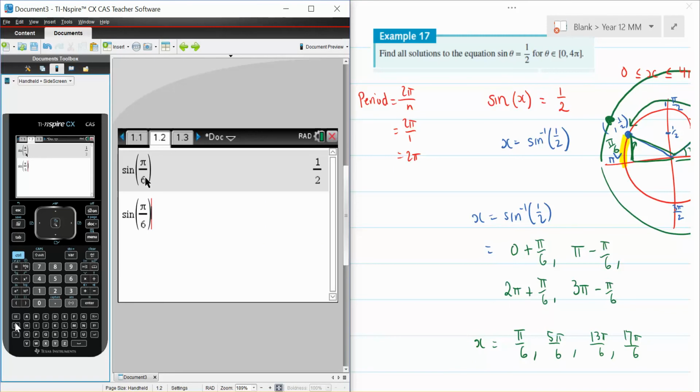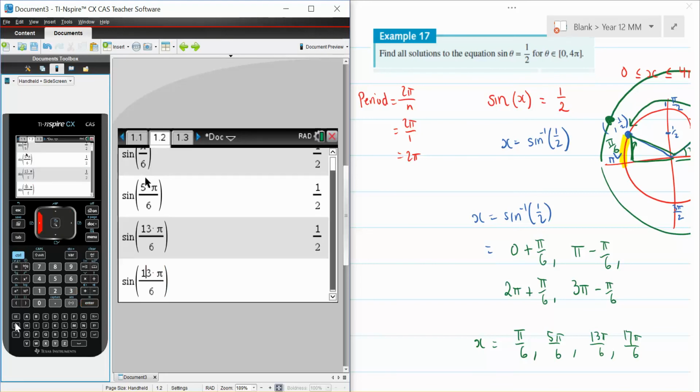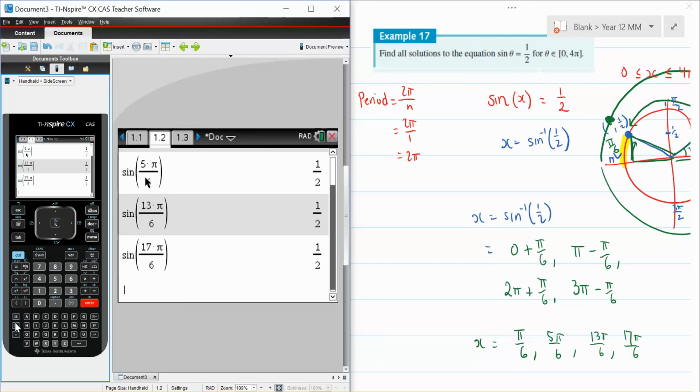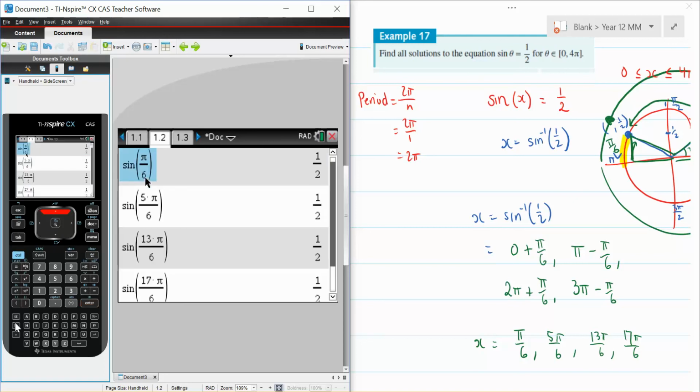So I change this to 5 pi on 6, half. The other answer was 13 pi on 6. Let's try that. Half. I tried 17 pi on 6. It's half. You see, what you're actually doing there is solving all the possible angles as you move around the circle. How many times can you get the same height?